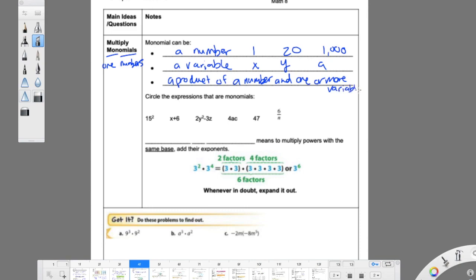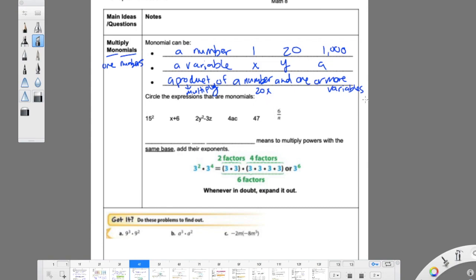Variables, there we go. And product means to multiply. So we can multiply a number and a variable or more than one variable. I can have a number, so I'm going to choose 20 from up here, and one of my variables, x. When I squish them together like this, it means 20 times x.